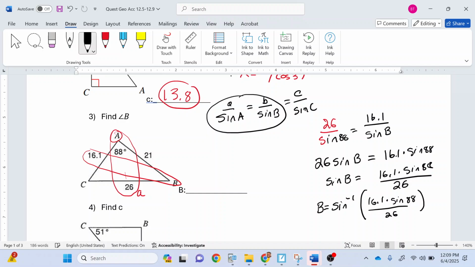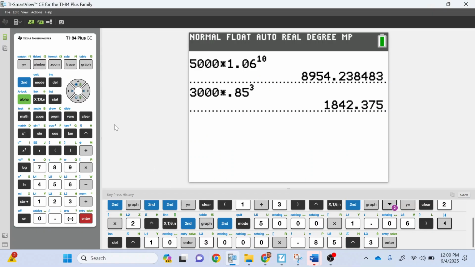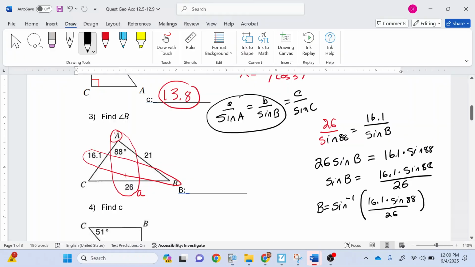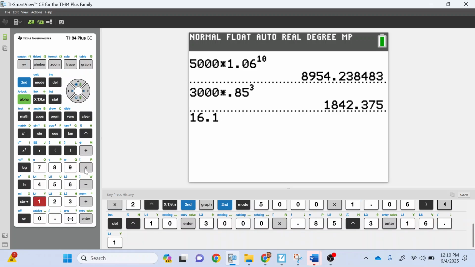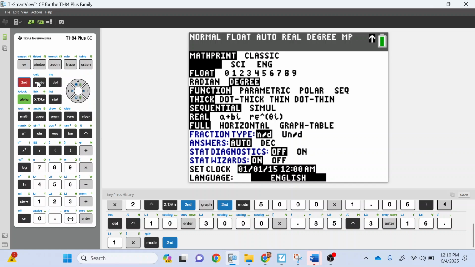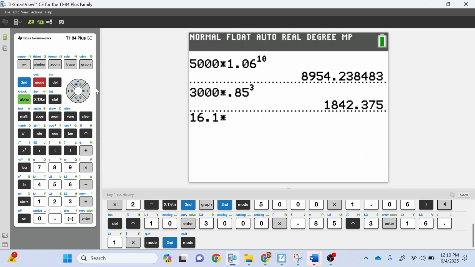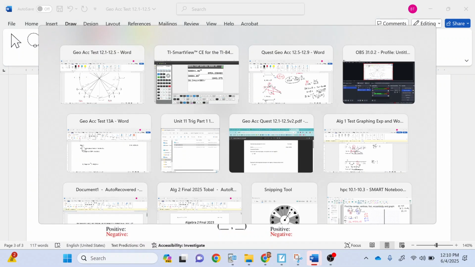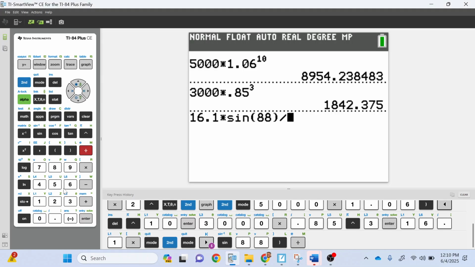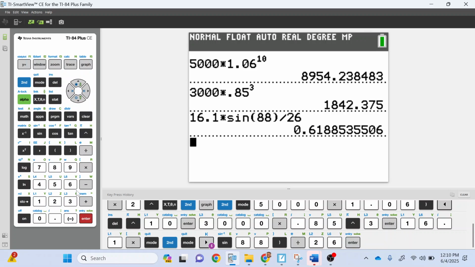You could put it in piecewise in your calculator. Here's my calculator. I just have to make sure I'm in degrees. 16.1 times sine 88 divided by 26 equals some crazy decimal.